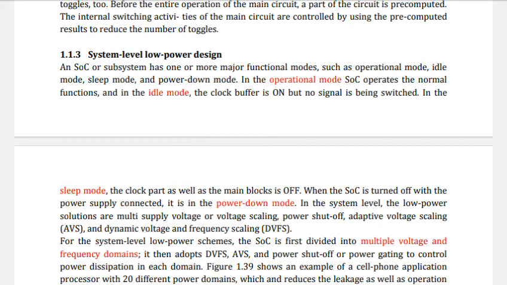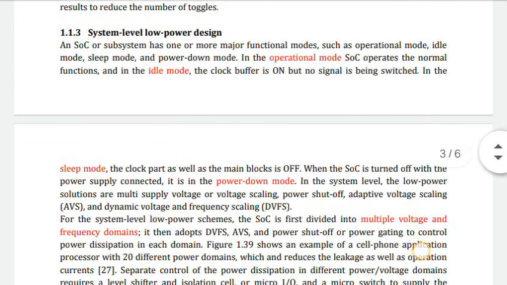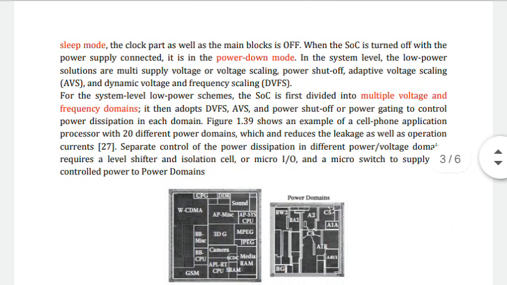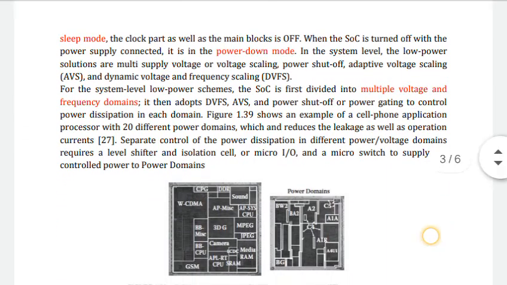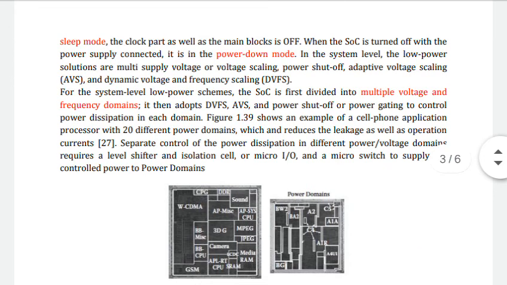In the idle mode, the clock buffer is on, but no signal is being switched. In the sleep mode, the clock part as well as the main block is off, while the SoC is turned off with the power supply still connected.